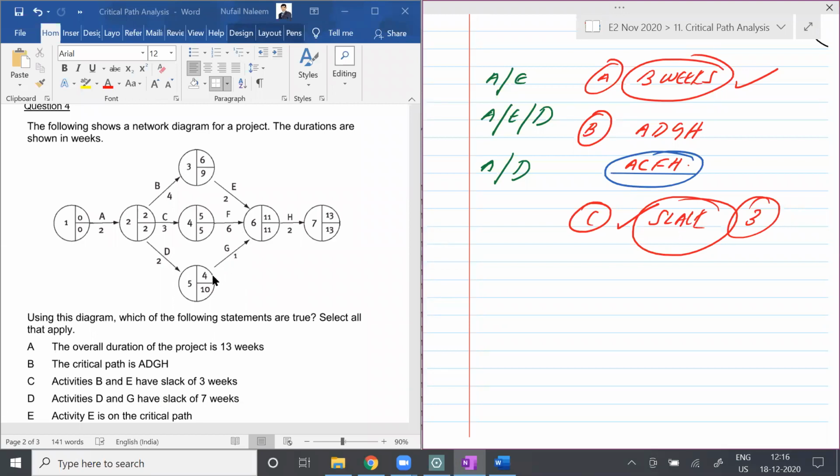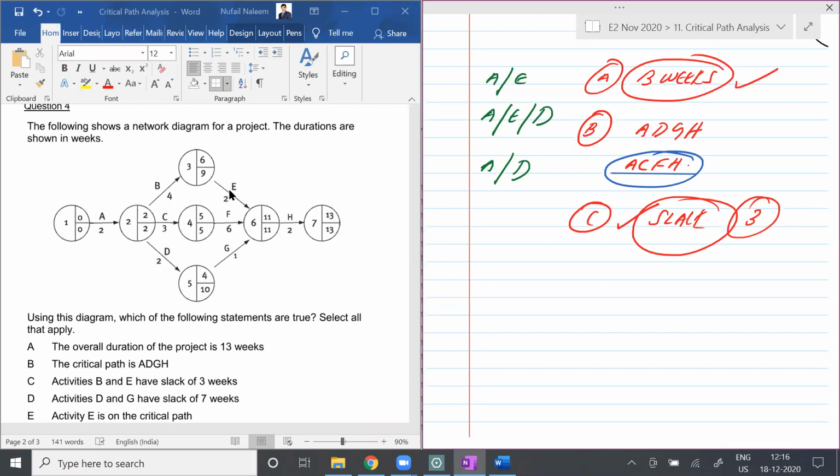The total is 11 that we took from F's total. 5 plus 4 plus 1 is 5 and the total is 11. So it is 6, not 7. Are you clear with that observation? So option D is also a wrong one.